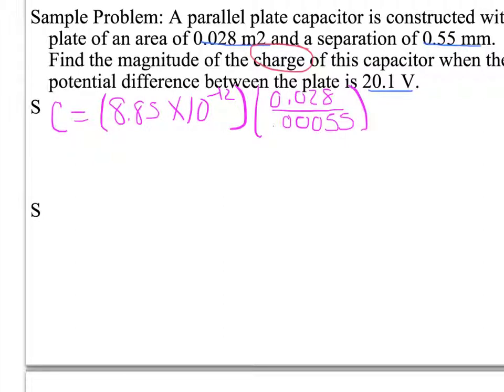Okay. When we calculate all that in the calculator, we get that C equals 4.31 times 10 to the negative 10th.